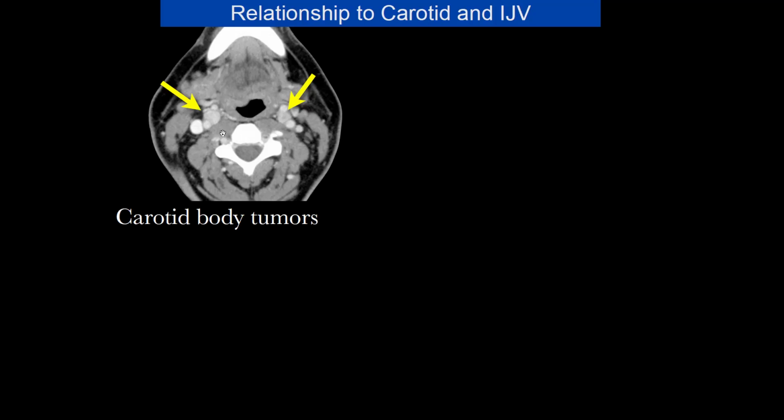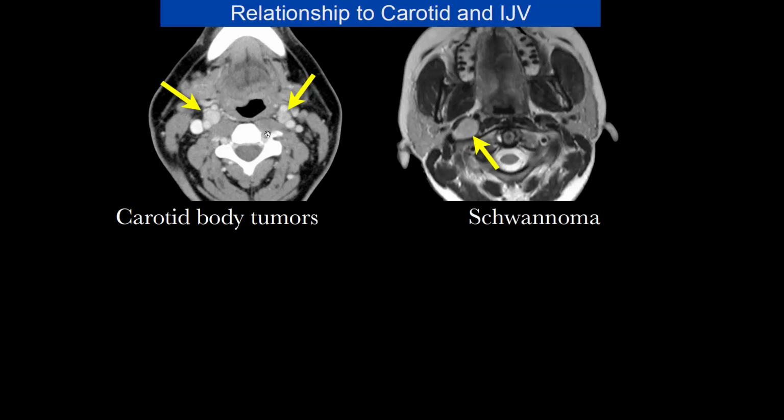No. This is the vein here, so this is actually between two other structures. Oh, it's the internal and external. Yep. And which one's the posterior one? The internal is going to be posterior. Yep. Okay, so this person has bilateral carotid body tumors.